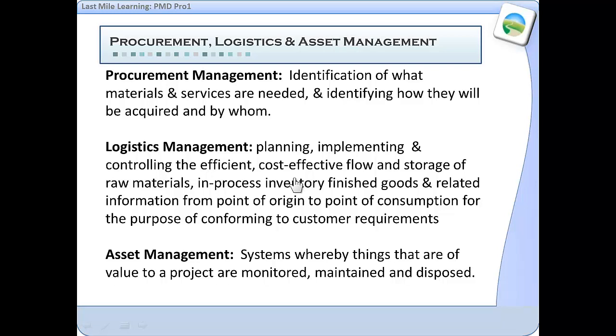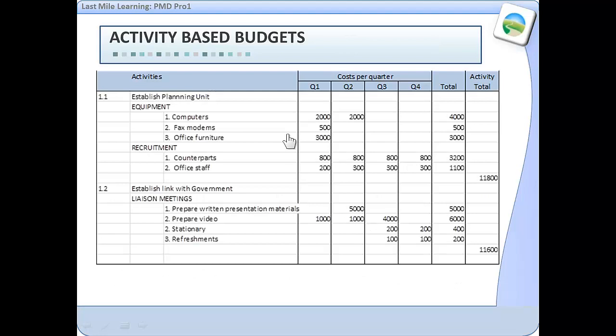Then there are 3 areas, procurement, logistics, and asset management. Be sure that you're clear on what those 3 areas are for the exam.